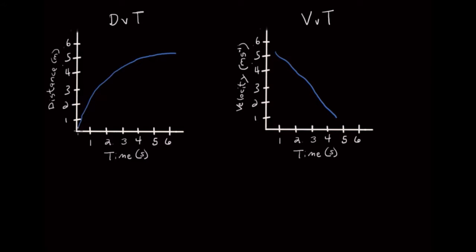I started, let's say, at the end of the block going 25 miles an hour, and I steadily slowed down to 0. At 5 seconds, I reached 0, and I just stay there at the stop sign until I either back up or go forward or never leave the stop sign. That's what that would look like, because I'm going less and less distance with each second, covering less distance.